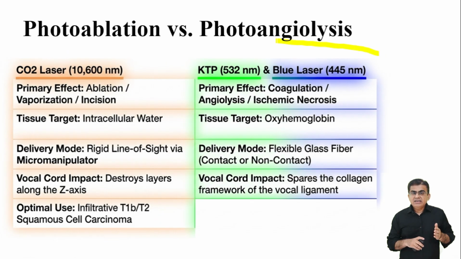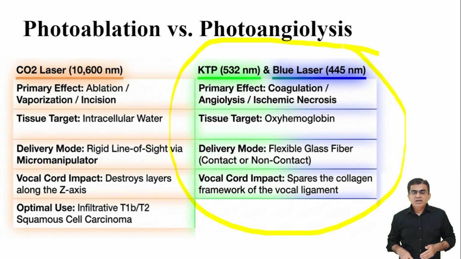Now look at the KTP and blue lasers. These represent a completely different biological mechanism. The KTP operates at 542 nanometers and the blue laser operates at 445 nanometers. These specific wavelengths completely ignore water and exclusively target oxyhemoglobin inside the blood vessels.